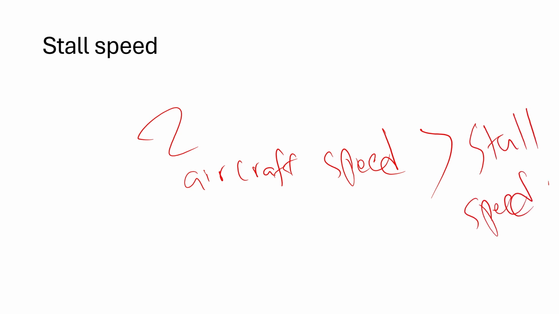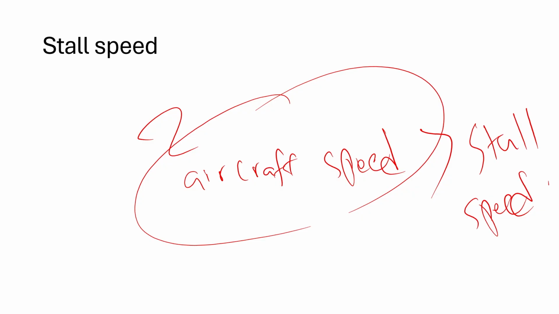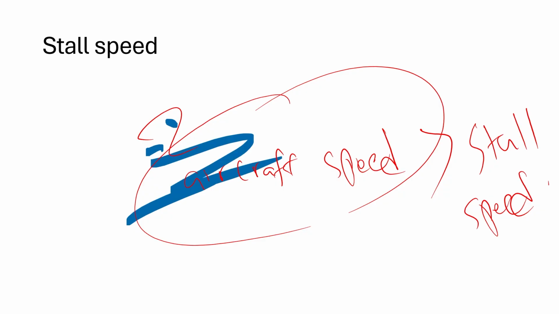Stall speed can vary depending on a variety of factors, but the important thing is that the aircraft should travel at a speed greater than the stall speed in order for it to remain in the air, right? So you have to know that, right? Okay, that you have to understand.